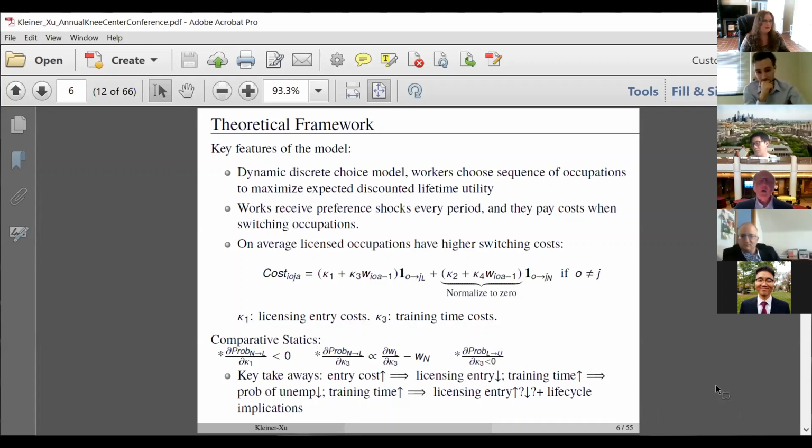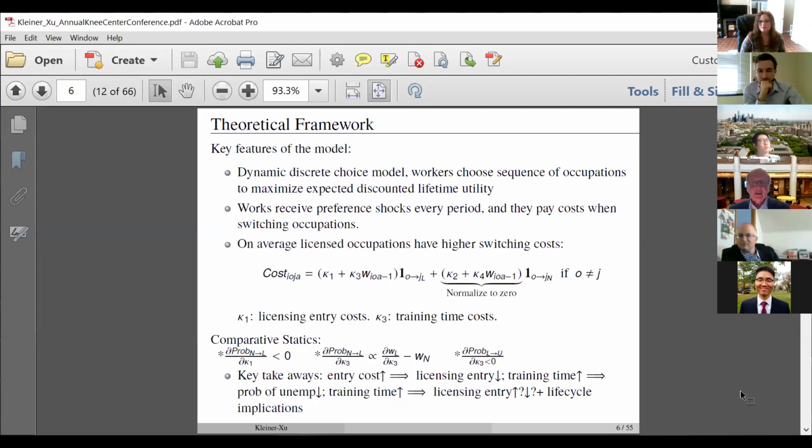So the key takeaways from our model are that if entry costs go up, then the ability to move into a licensed occupation goes down. Training time as a result of moving to a licensed occupation, especially occupation-specific training, is likely to go up. The probability of becoming unemployed, on the other hand, is likely to go down because there are barriers to entering the occupation.